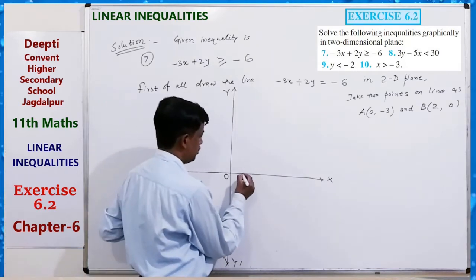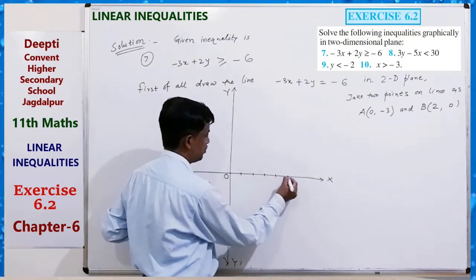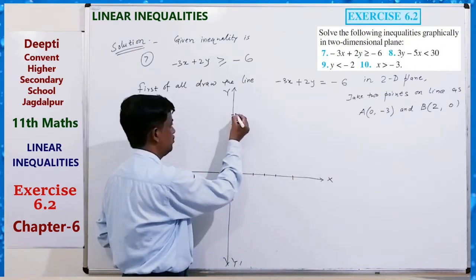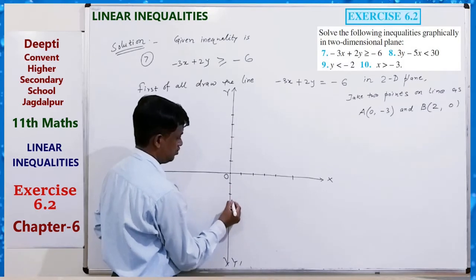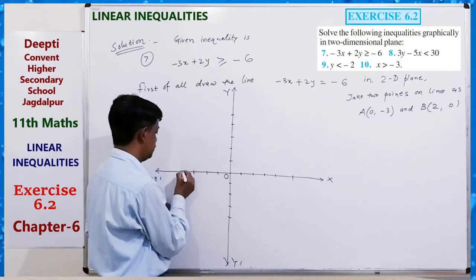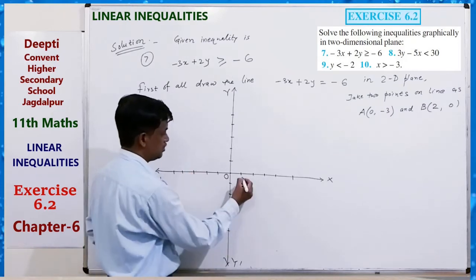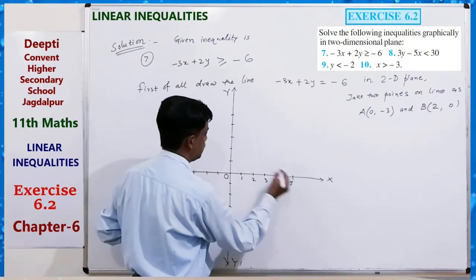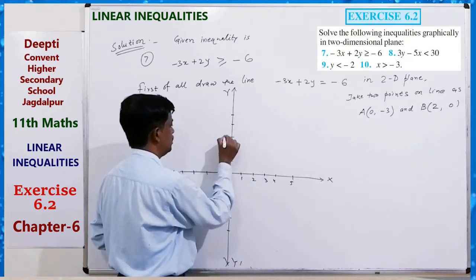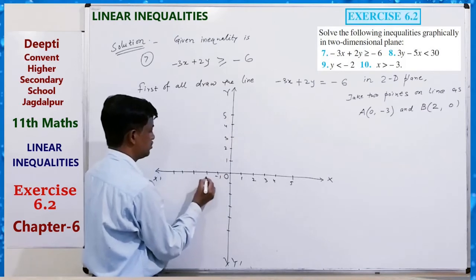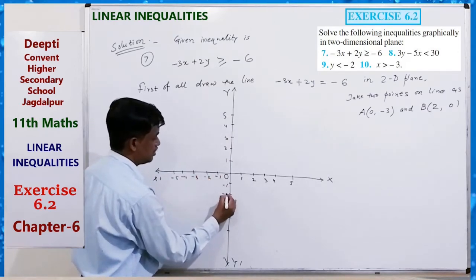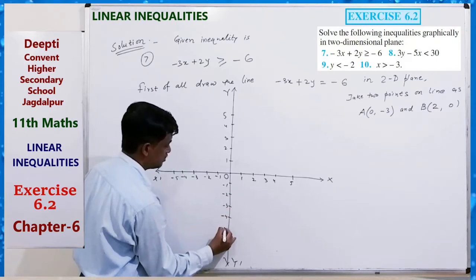So take 1, 2, 3, 4, 5 on the positive sides, and minus 1, minus 2, minus 3, minus 4, minus 5 on the negative sides.